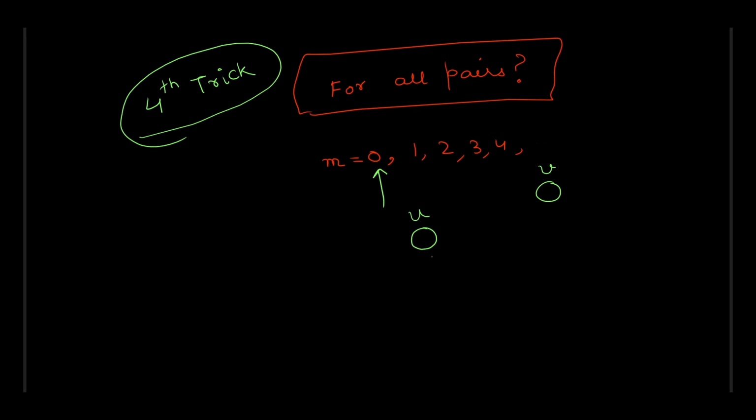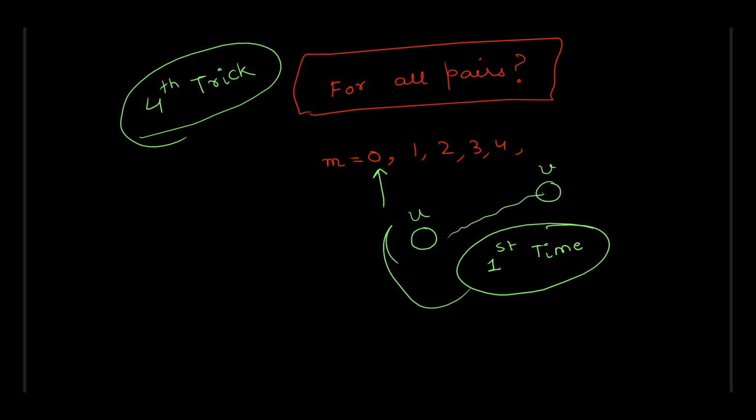And any two nodes that get connected for the first time, it means that there is a path between them with max m. So if it is the first time of them being connected, you know that their max is m.